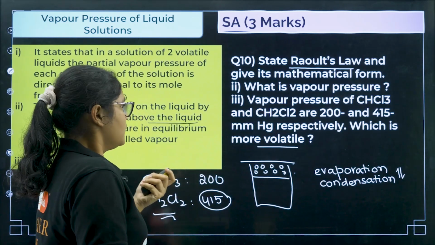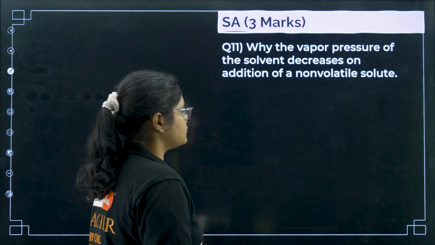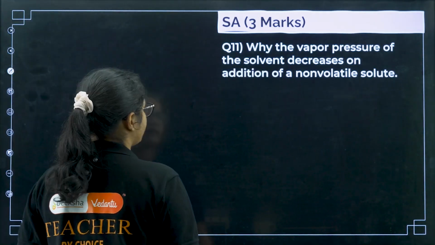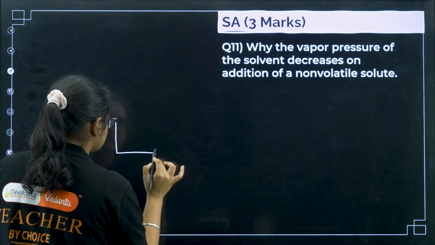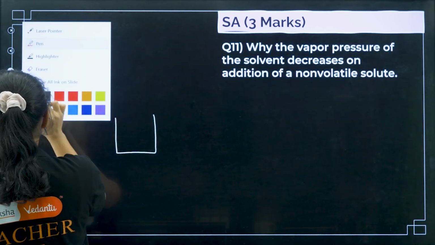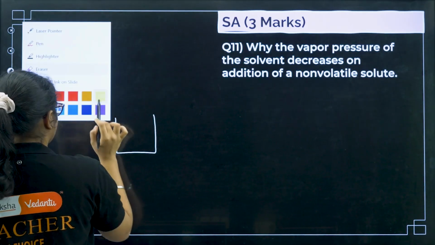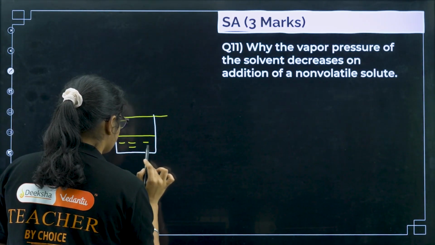Okay, next is question number 11. Why does the vapor pressure of the solvent decrease on addition of a non-volatile solute? Now let us first understand this, then I will show you the answer. Suppose this is a container, this is the lid for that container, and here you have water particles.